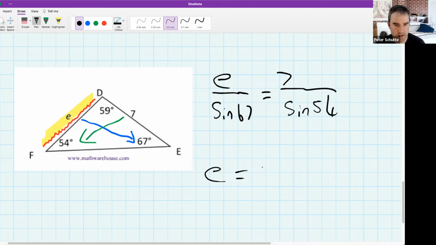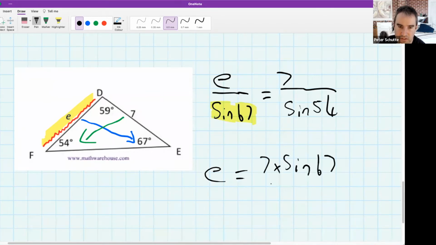Give you a little bit more time because you have to deal with this. To get the E by itself, you have to deal with the sine 67. So I think when I bring the sine 67, it's going to become a multiplication on this side.